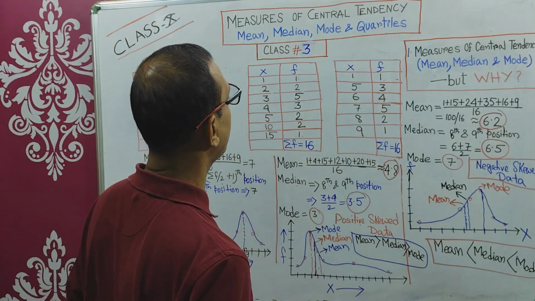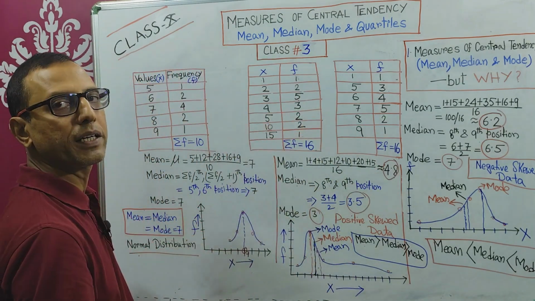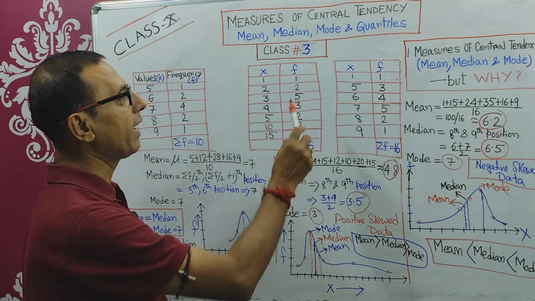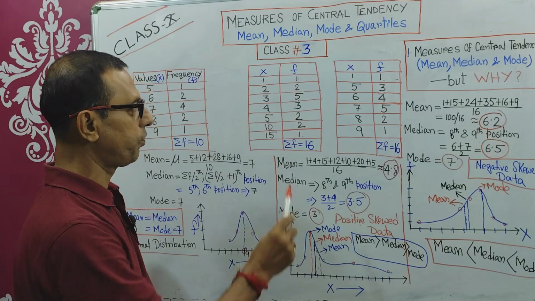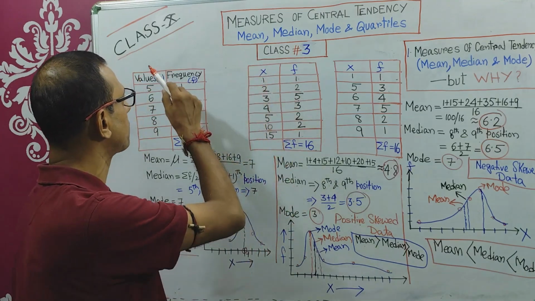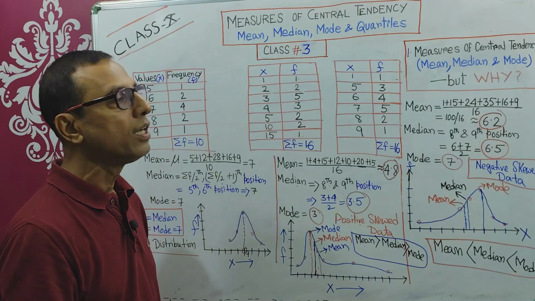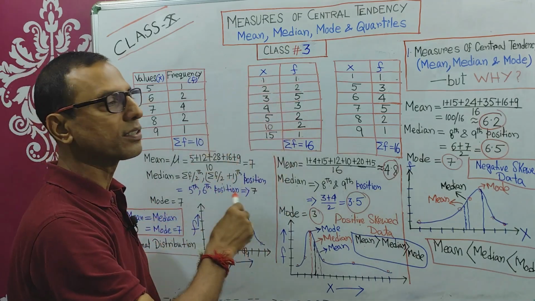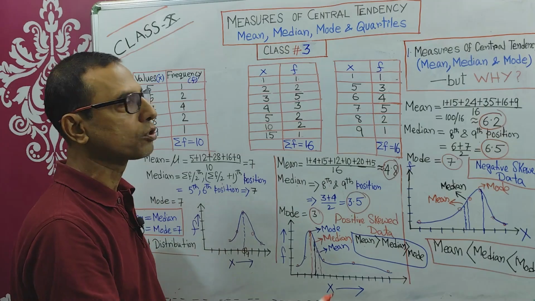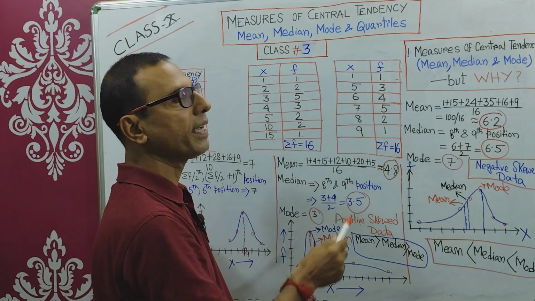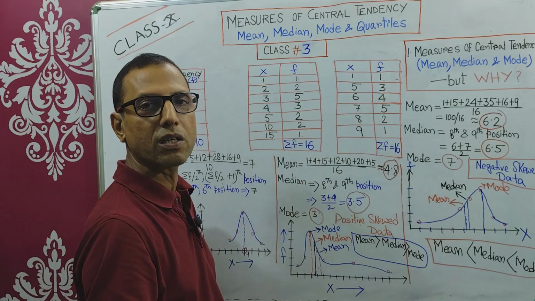And one last point I would like to mention about the limitation of the data set. Since mean and median both calculate the observation value. For mean, it considers all the observation values and summing up after multiplying with frequency. So basically calculation it is there. And for median also, when you are finding out the position of the median and then you are taking the average or you are taking one of the observation value.